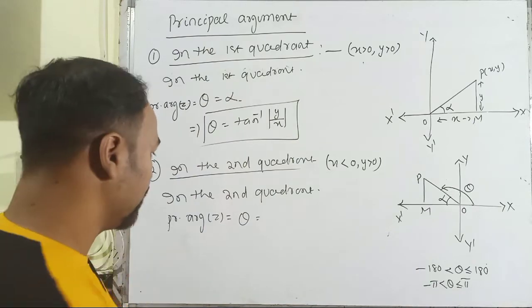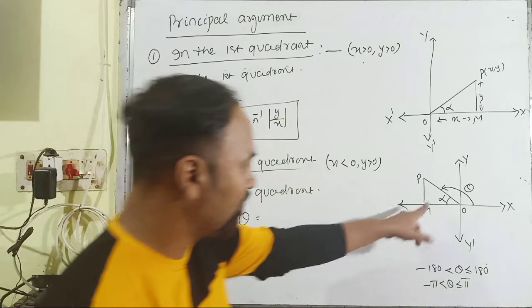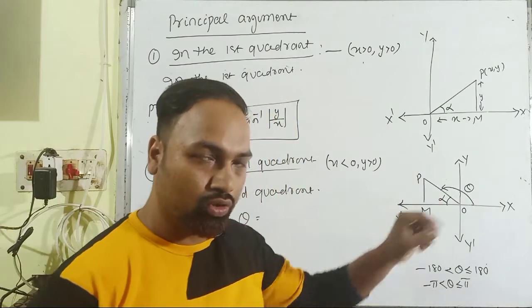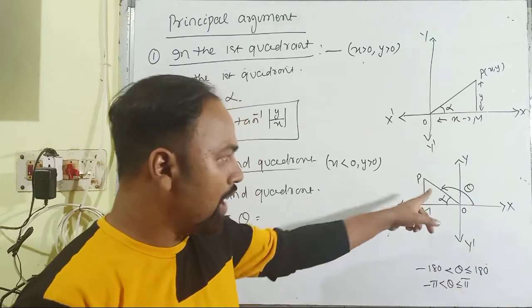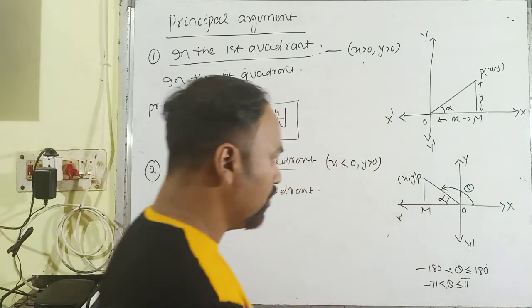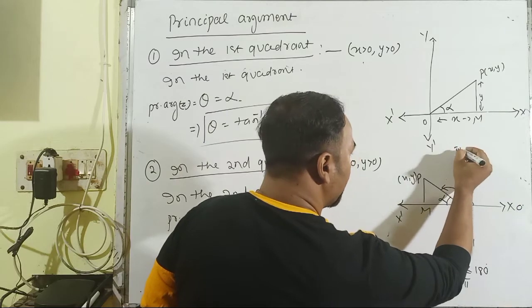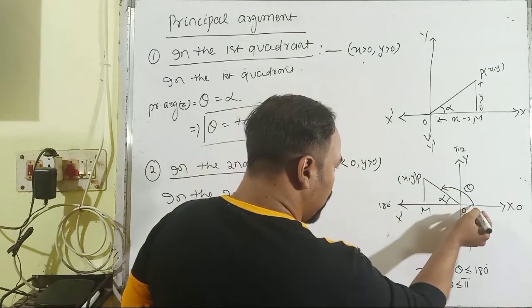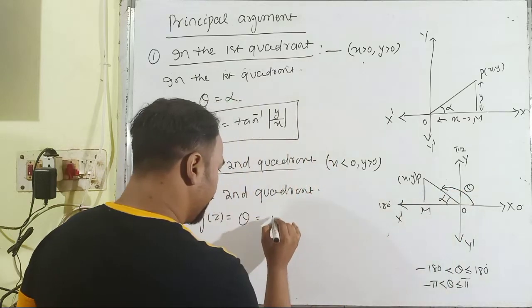So it is positive. And here, how can we evaluate theta? Because we have alpha, whose value is tan inverse modulus of y upon x, and we can evaluate it by taking the help of P(x, y). So theta can be evaluated as follows: this is 0 degrees, this is pi by 2, this is 180 degrees. So the total angle is 180 degrees, that means pi.